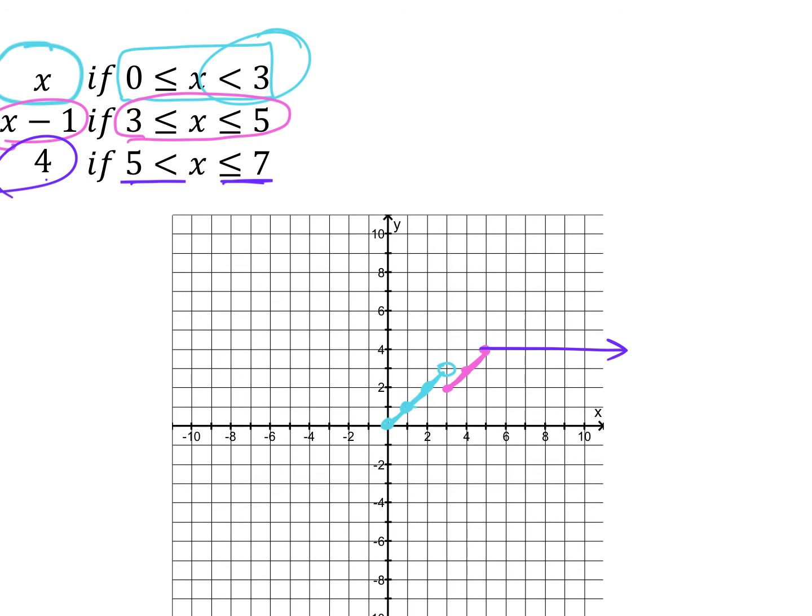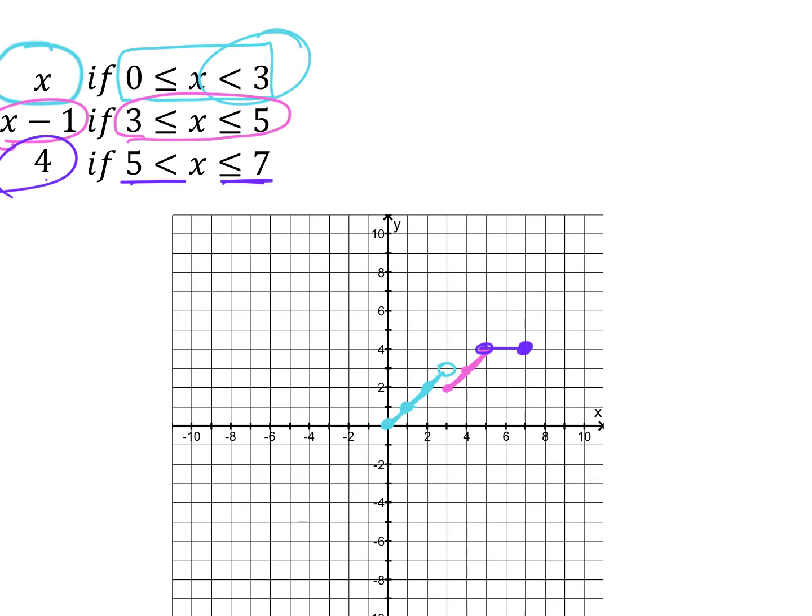Because we all know the closed dot rules, right? Then I only want that chunk to go out to 7, which is right here. So if I put an open dot right there on top of a closed dot, it's still a closed dot. And then I want that to go out to 7. So I erase my chunk to the right. So this is just a little couple line piece.